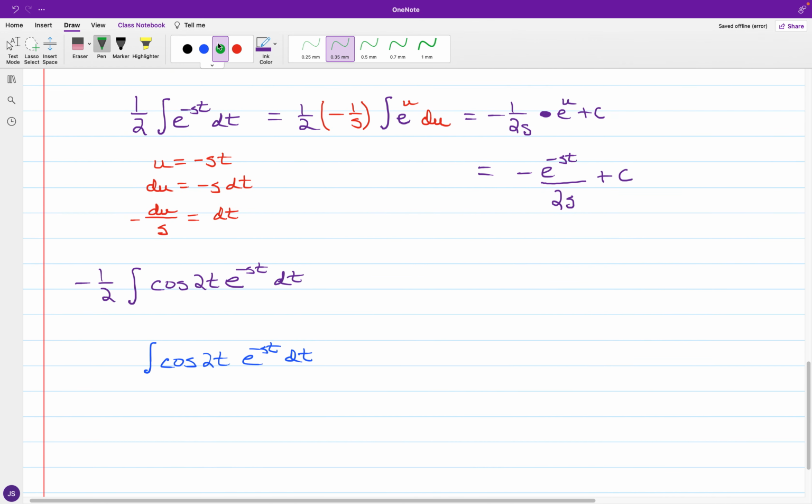So we set u equal to the cosine of 2t, and dv equal to e to the negative st dt.